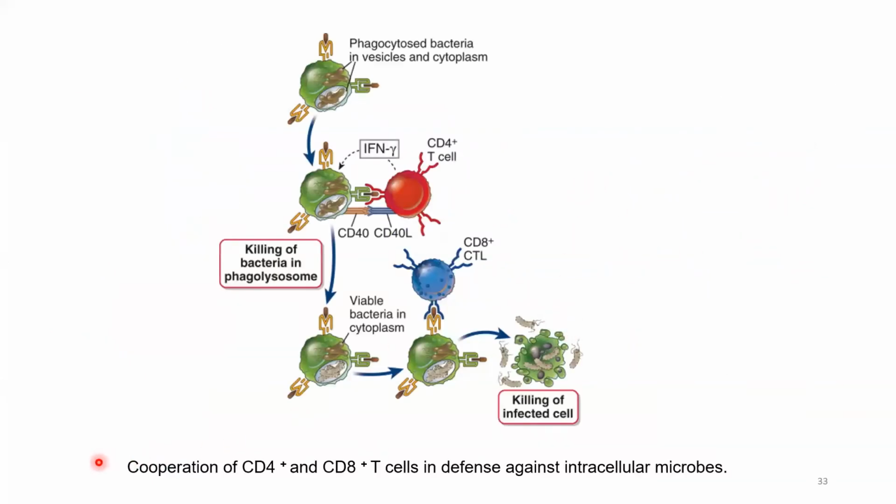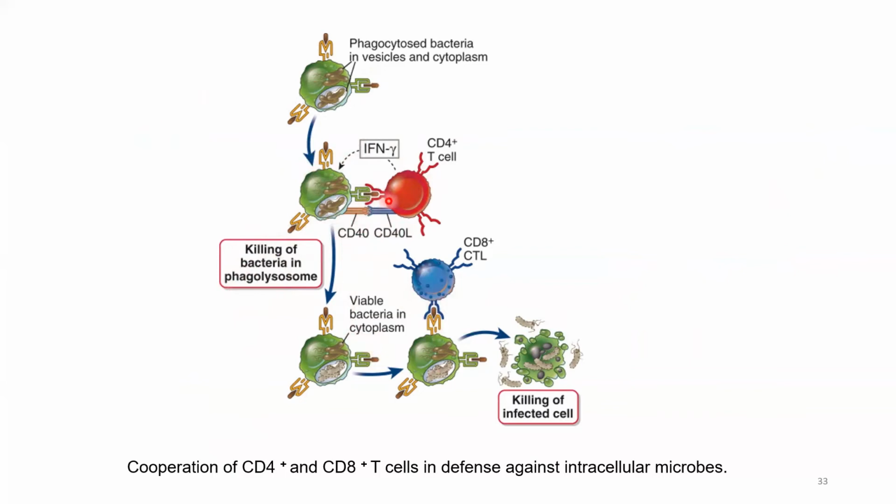There is also cooperation between CD4 positive and CD8 positive cells. We have phagocytosed bacteria in the macrophage here. The macrophage sends a signal to T helper cells. T helper cells secrete interferon gamma to help the macrophage kill bacteria in the phagolysosome. The macrophage also sends a signal, because in the macrophage we have MHC class 1 and class 2.